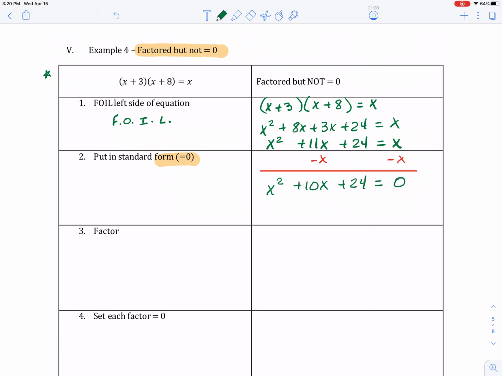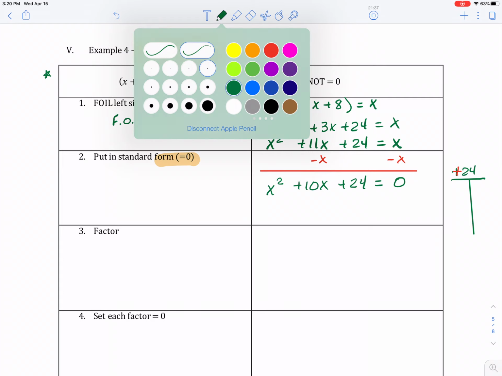So let me see about factoring this, and again, we're looking for two numbers that will multiply to give me a positive 24 and add up to a positive 10. Since this 24 is positive, that tells me that the two signs have to be alike.